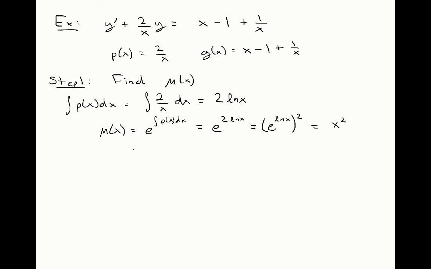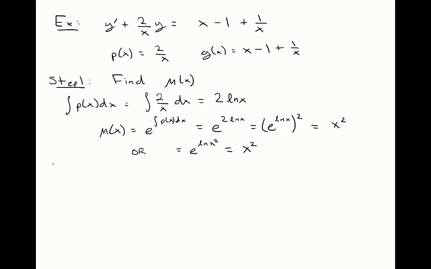Or you could remember a property of logarithms that 2 times log x is the log of x squared, and then you could use that the exponential and log are inverses of each other and pull the x squared out that way. It's pretty nice. It's fun to put log in these p of x's because then everything cleans up nicely.